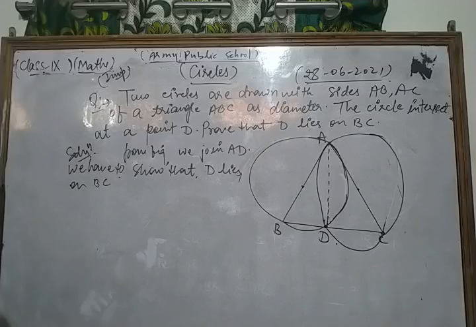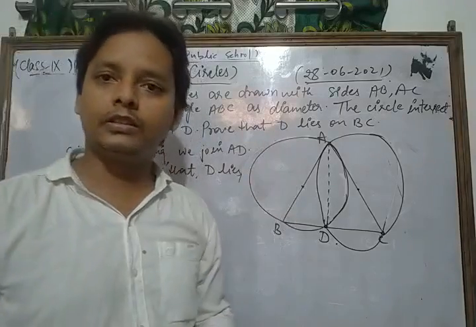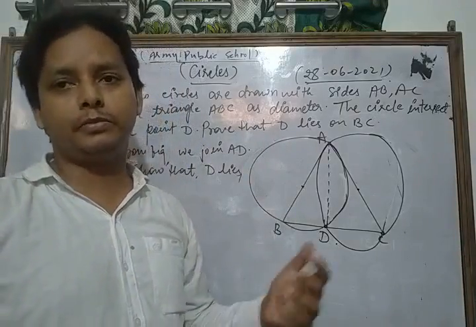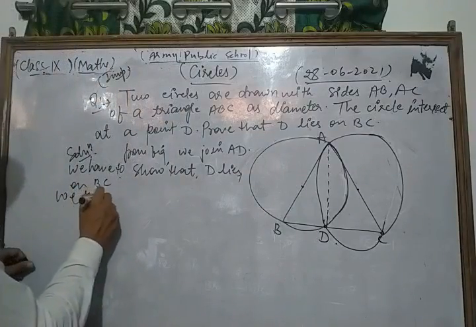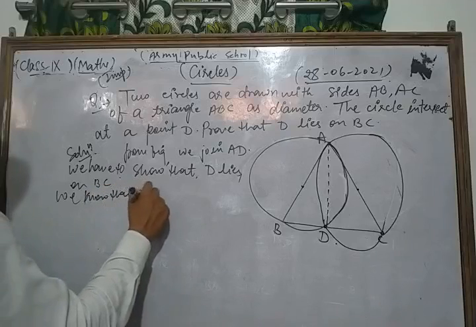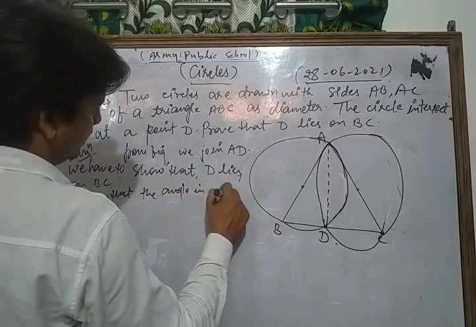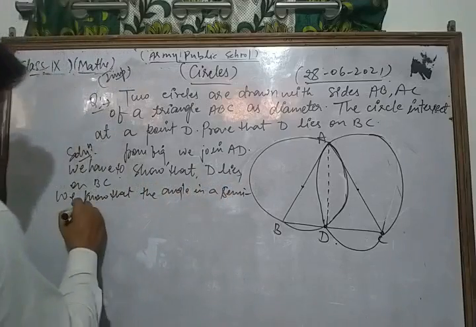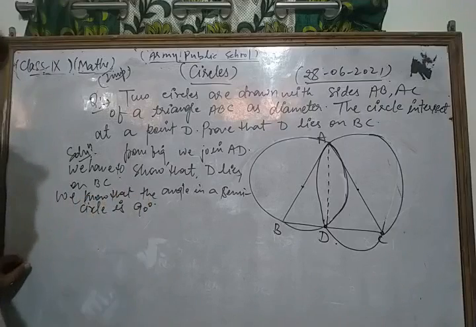Now, dear students, consider angles ADB and ADC. Okay, we know a very important theorem which we discussed in the previous class: the angle in a semicircle is what? 90 degrees.